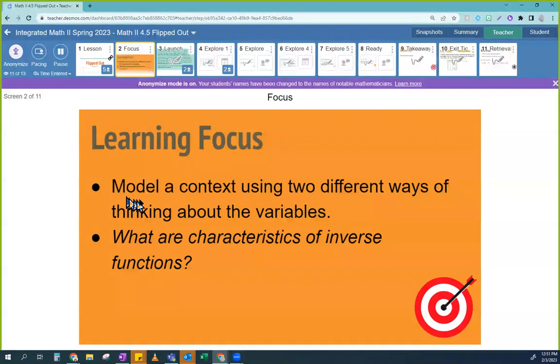And so whenever we use this word model, the word model just means a physical representation of something. So when we say model a context, we're saying, how would we represent this word problem? That's all it's saying. So context means the story behind something. Have you ever heard someone say, "Man, you took that out of context"?